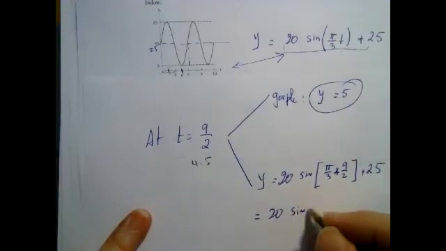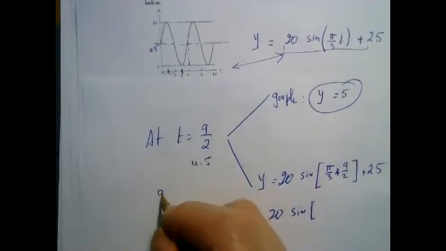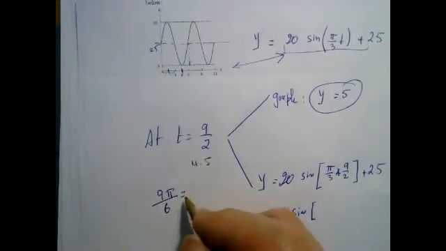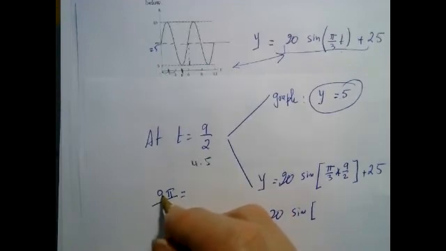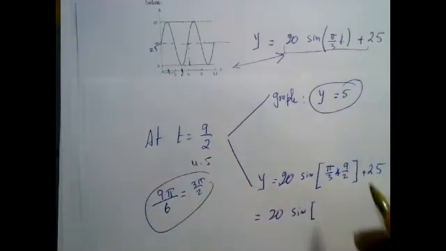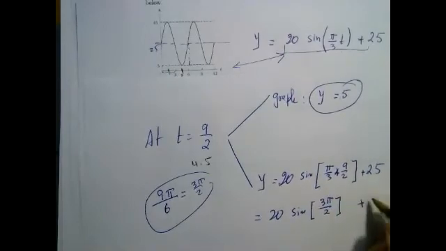Sine of, if I multiply this, I will have 9/6. 9/6, 3 is a common factor, would give me 3/2. So if you do the math, you get sine of 3 pi/2 plus 25.